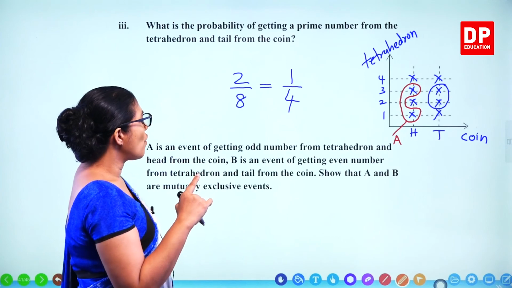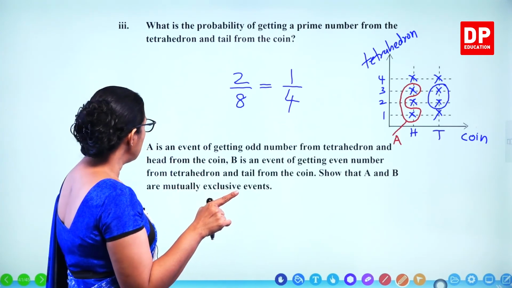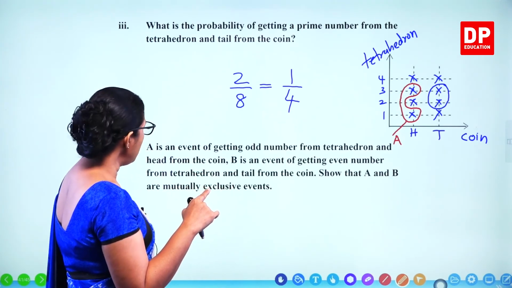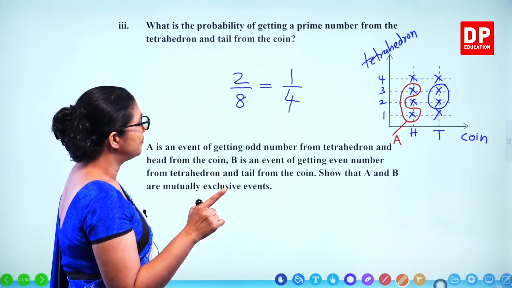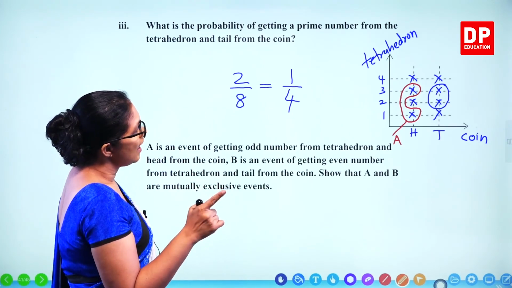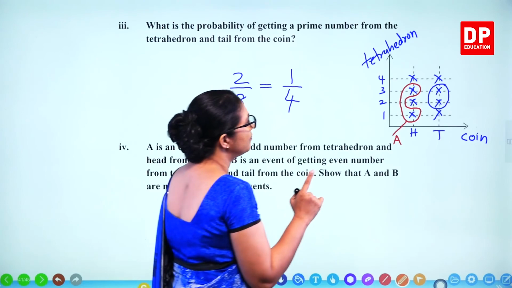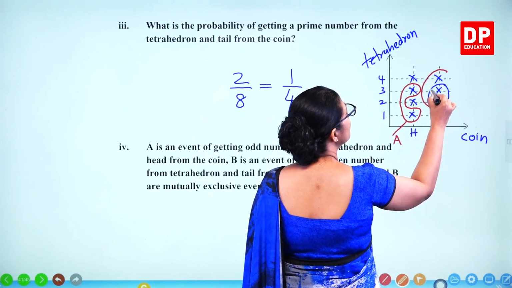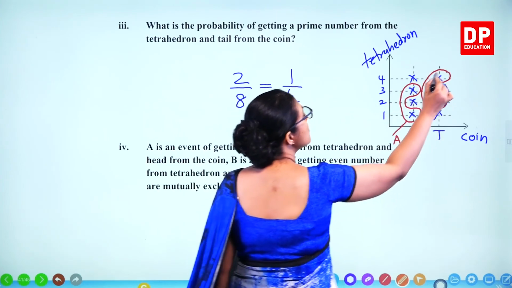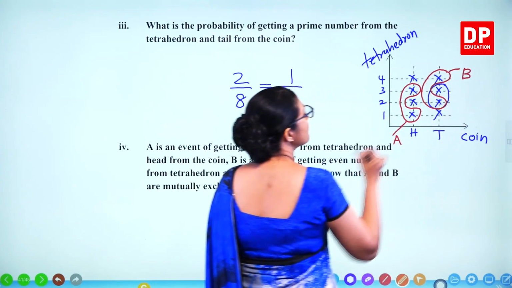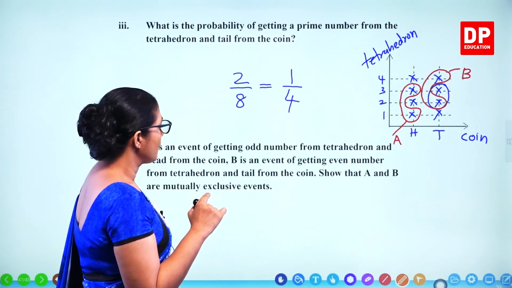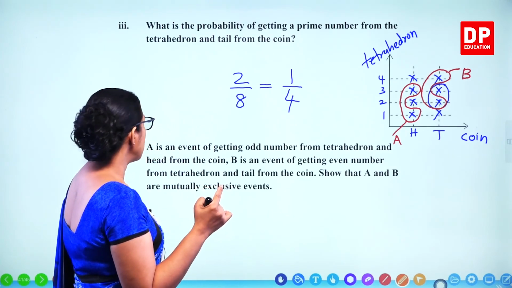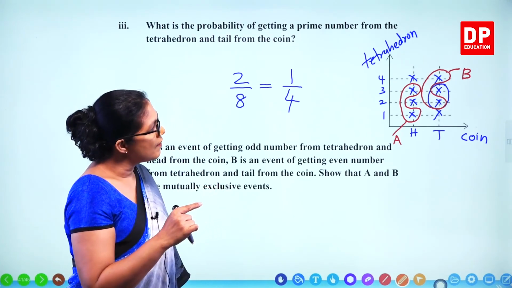B is an event of getting an even number from the tetrahedron and tail from the coin. Tail and even. 2 and 4. Let's call it B. Show that A and B are mutually exclusive.